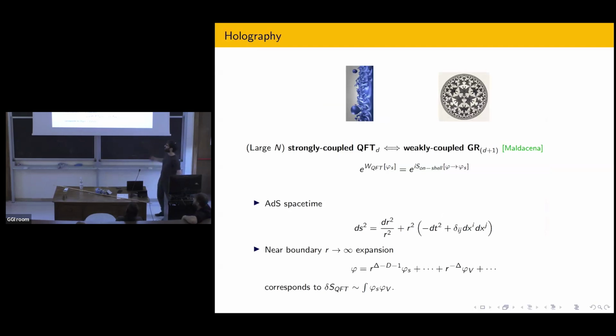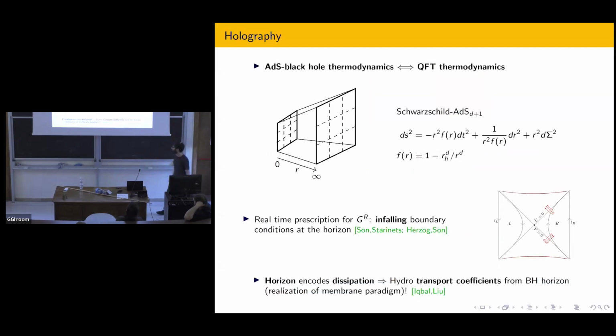So we can take an AdS spacetime. Holography works very well in AdS spacetimes. For example, if we have a scalar field in the bulk, we can solve the equations of motion, we can see how it behaves near the boundary, and the leading behavior is identified with the source of the quantum field theory and the subleading behavior with the VEV of the quantum field theory. Okay, I'm going very quick, but if you have any questions, of course, you can interrupt me.